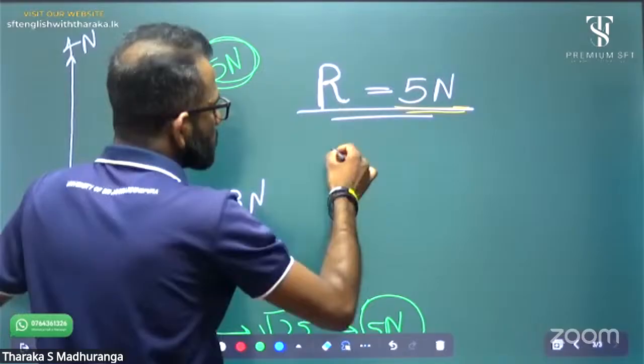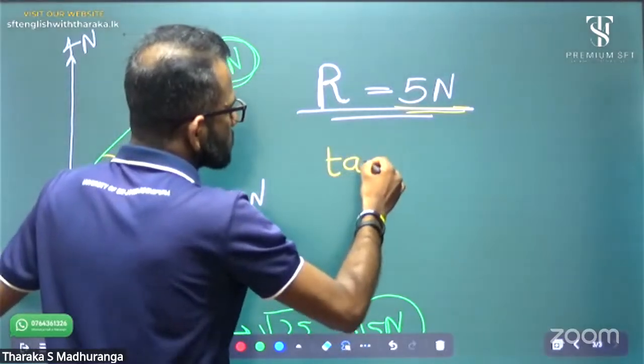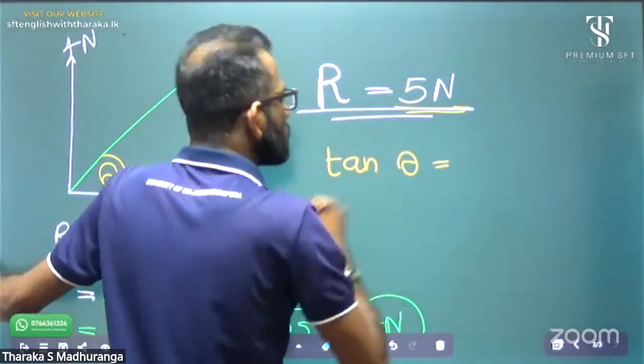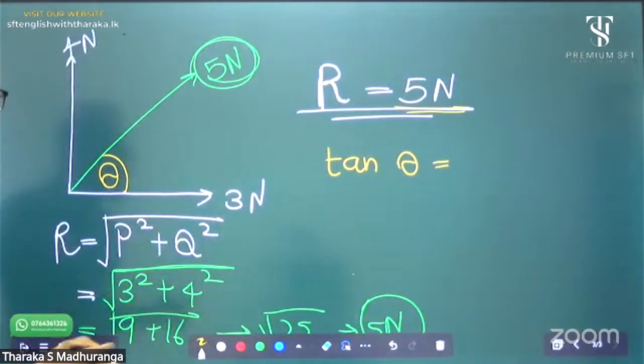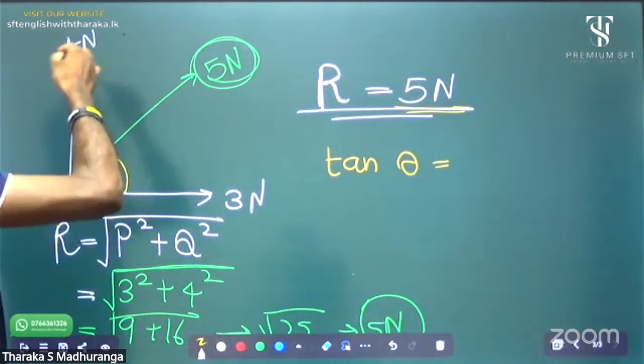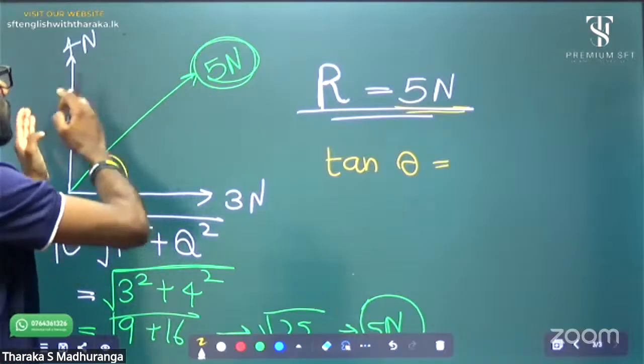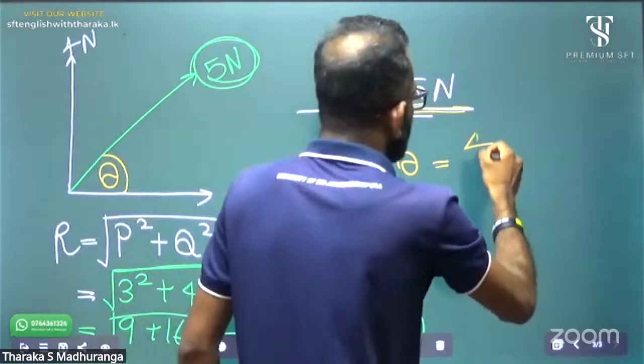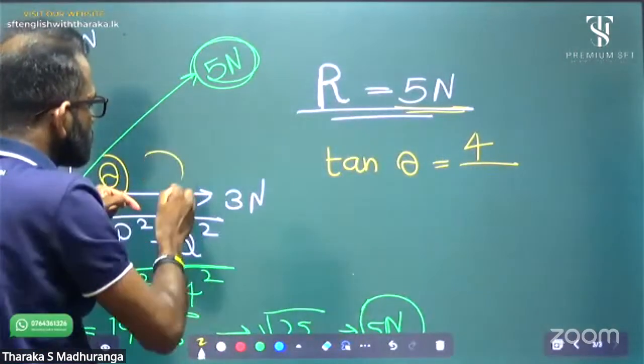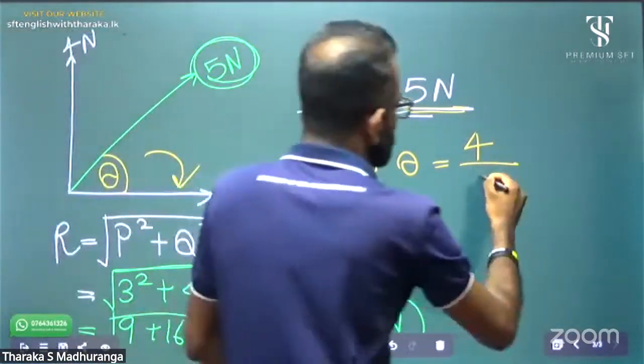Then tan theta equals opposite over adjacent. Think of it as a rectangle, then this opposite one is 4, over adjacent. This is adjacent, it is 3.